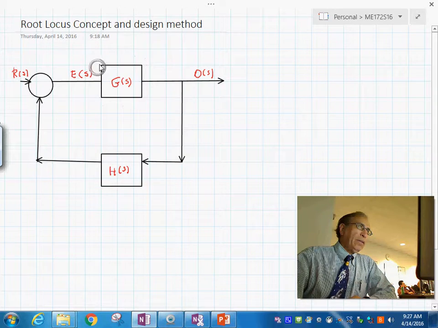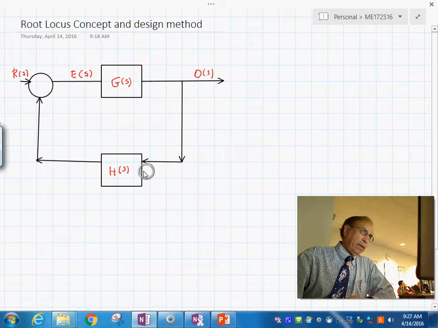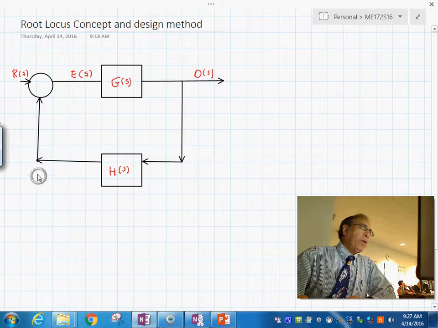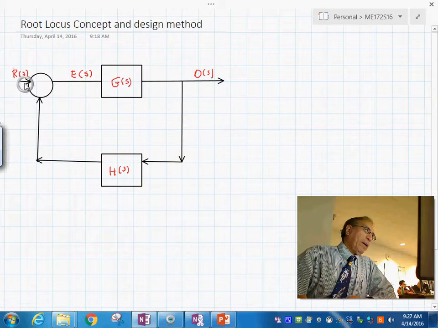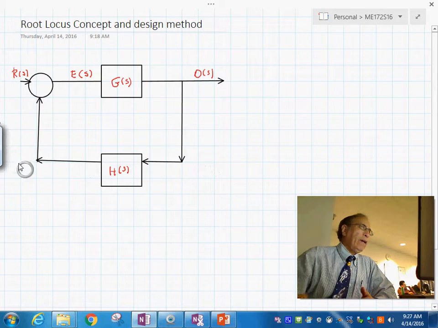This is your system, and this is the output. So the output of the system is fed back. This is our feedback loop, and that is compared to the reference point. And if you discover you have an error, then you go again. Okay, this is the way.